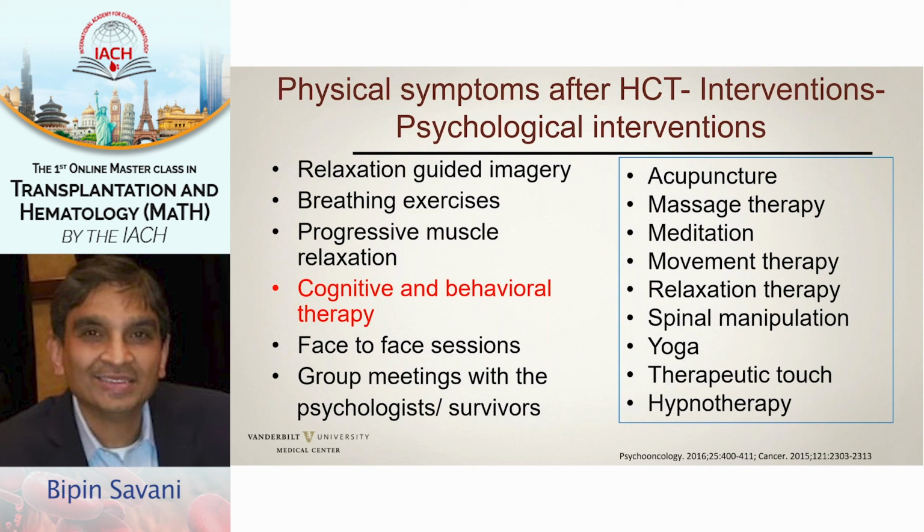Let me tell you, there are lots of approaches people have tried and reported in the literature: acupuncture, massage therapy, meditation, movement therapy, relaxation therapy, spinal manipulation, yoga, a billion-dollar industry. My preferred approach, highlighted in red, is periodic visits with neuropsychologists for cognitive and behavioral therapy.